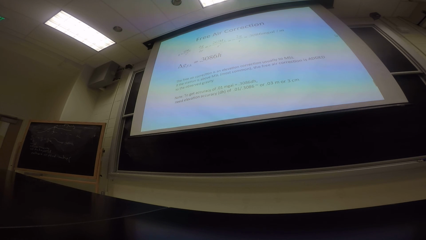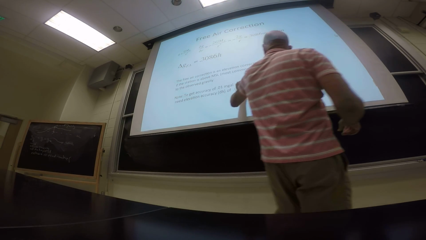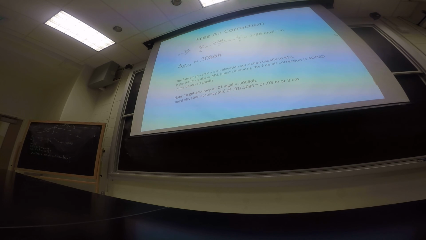If we want to get an accuracy of 0.1 milligal, what we do is we say, okay, 0.1 milligal equals 0.3086 dh. dh is the accuracy that we need to know the elevation.